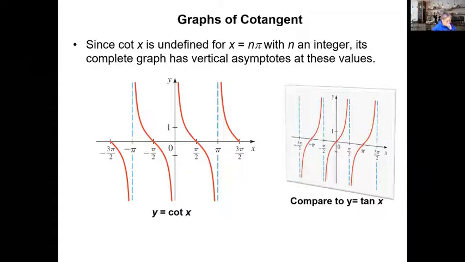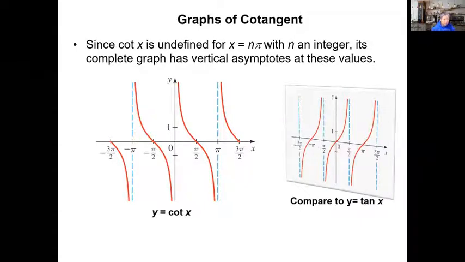Also, since we are dealing with reciprocal values, the shape of the curves is reflected. So once again, this is how you can compare the cotangent curves and tangent curves.